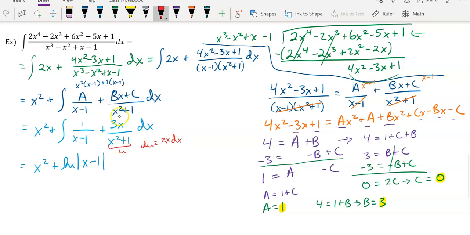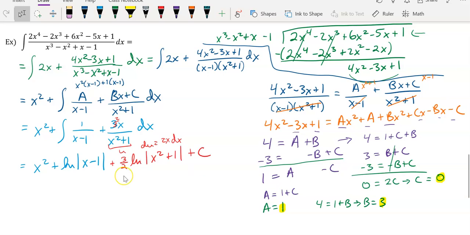So really I'm multiplying by 2/3 here and then a 3/2 on the front. Okay, so I'm going to have plus 3/2, and then I have 1 over u du, so the antiderivative is natural log. So natural log of absolute value x squared plus 1, and then plus c.